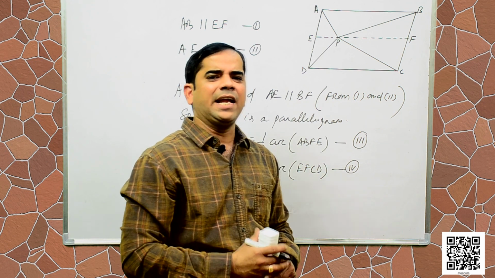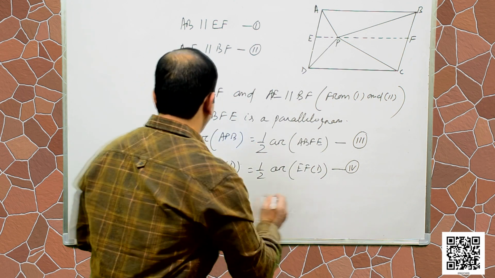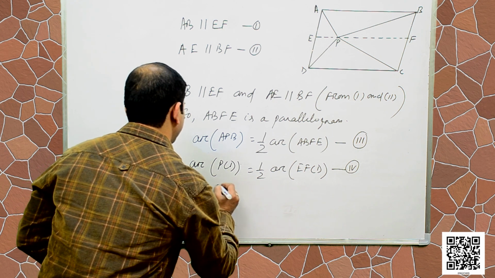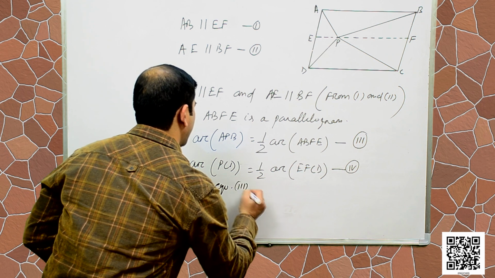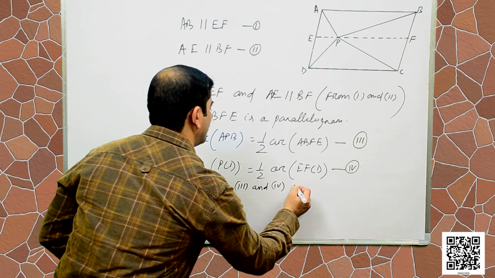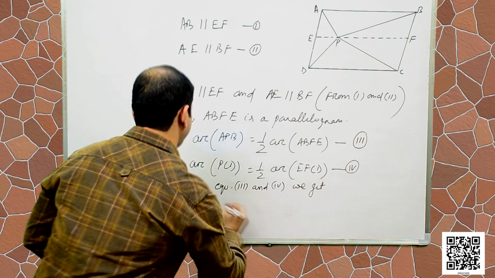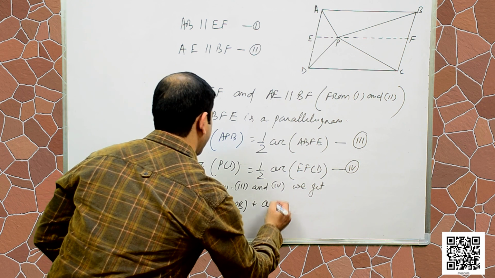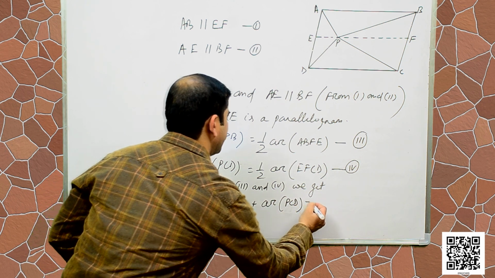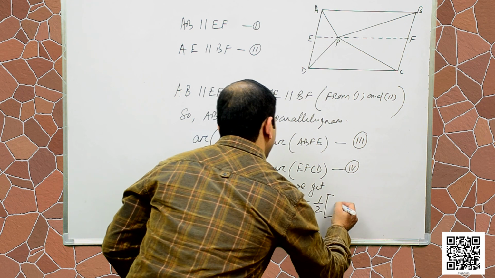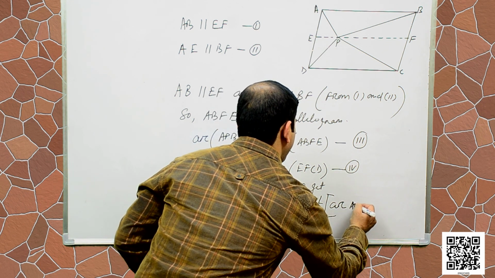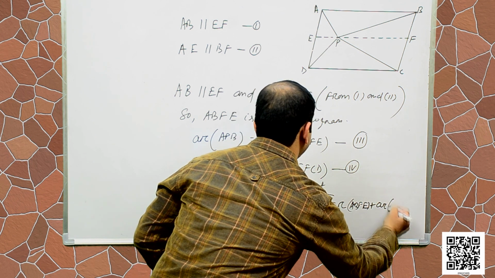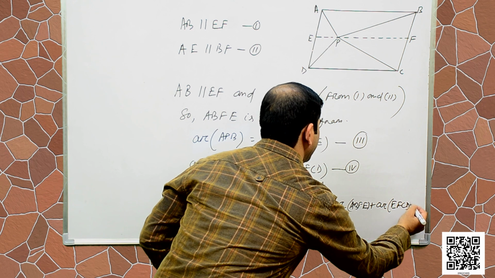Adding equation 3 and 4, we get area APB plus area PCD is equal to half of area ABFE plus area EFCD.